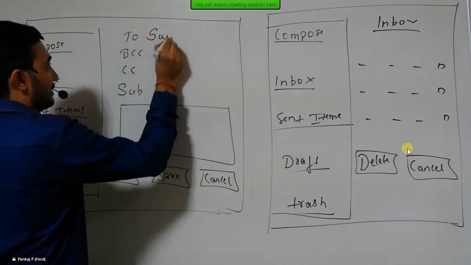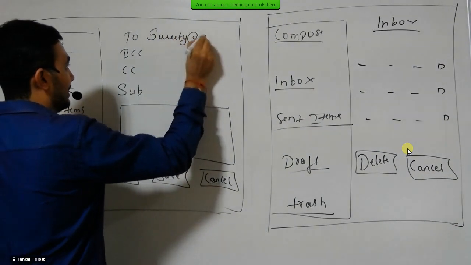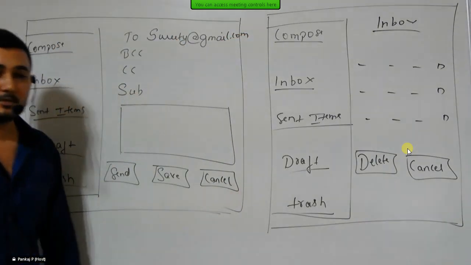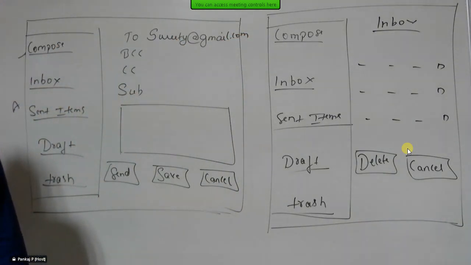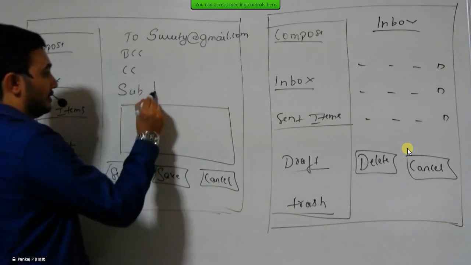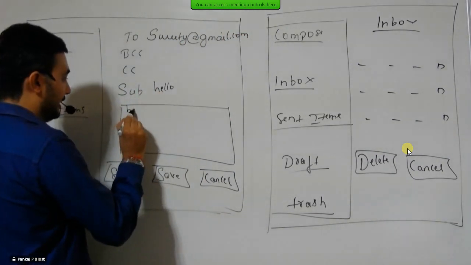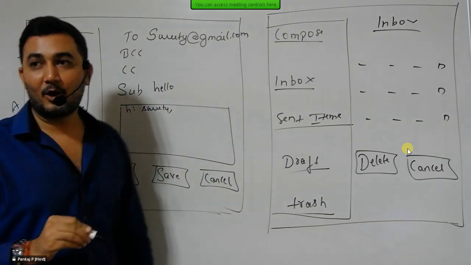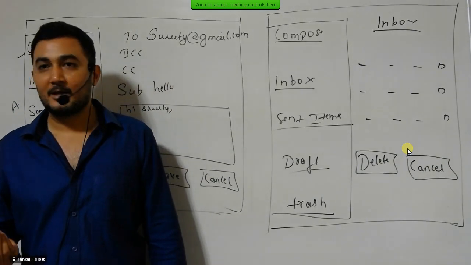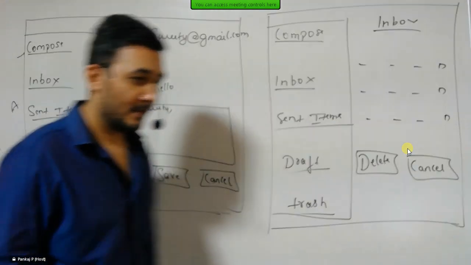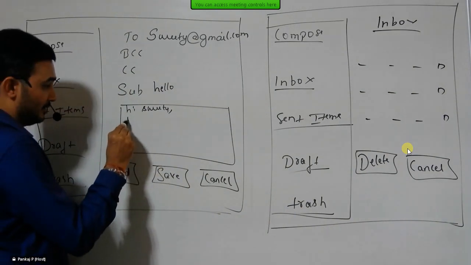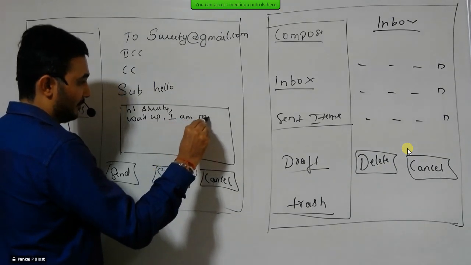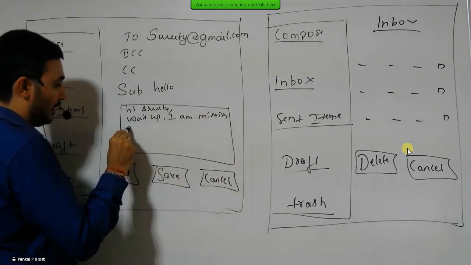Email to Sweetie. Sweetie@gmail.com. Subject, hello. Hi, Sweetie. What's up? I am missing you a lot.